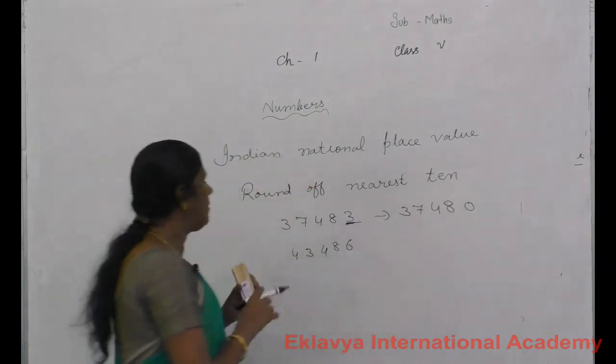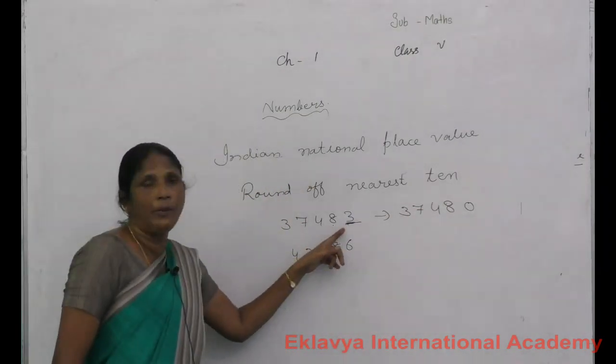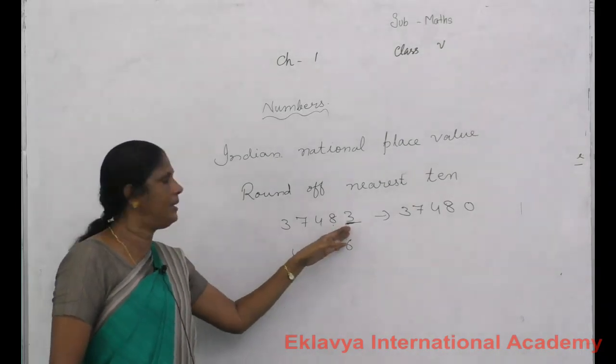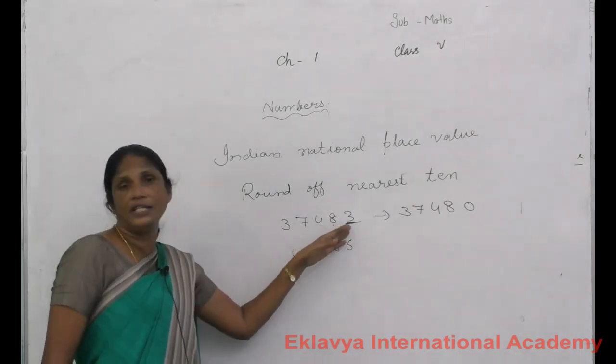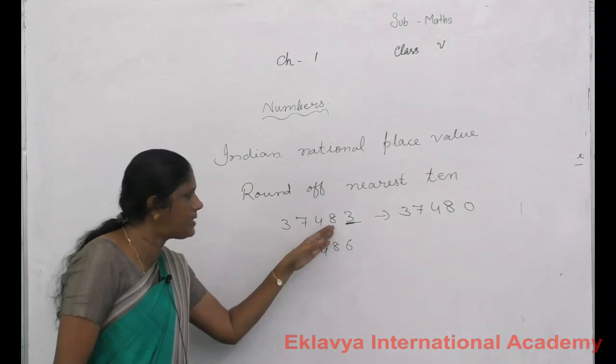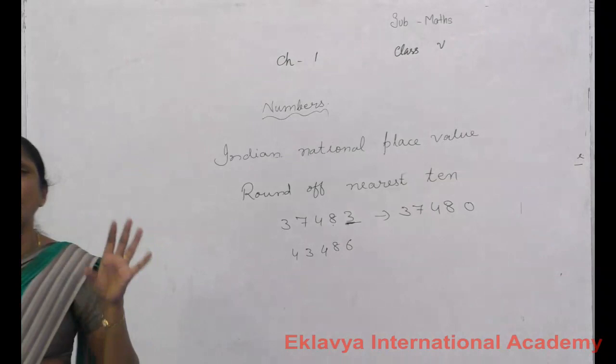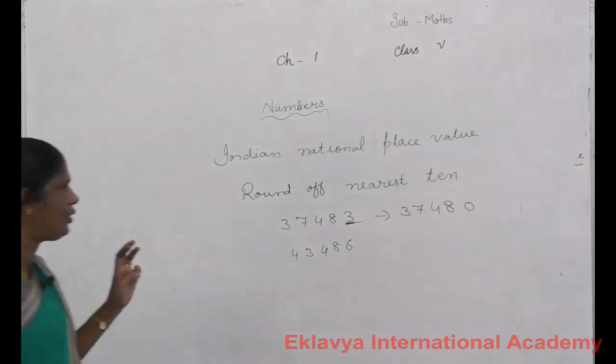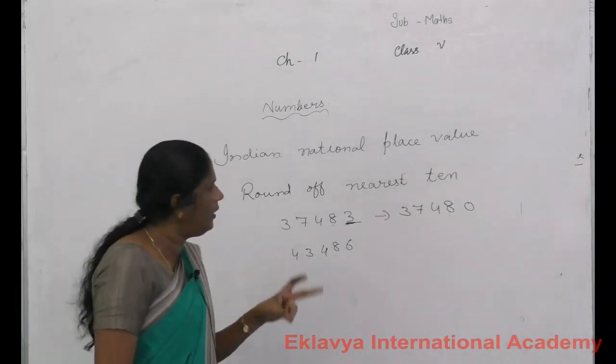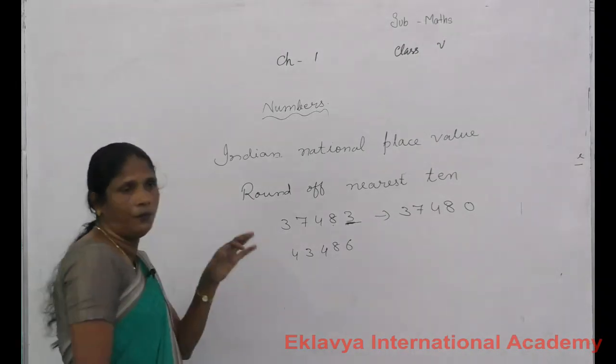Again, an example. Which digits can come in the ones place so that there is no change? Listen: 0, 1, 2, 3, 4.